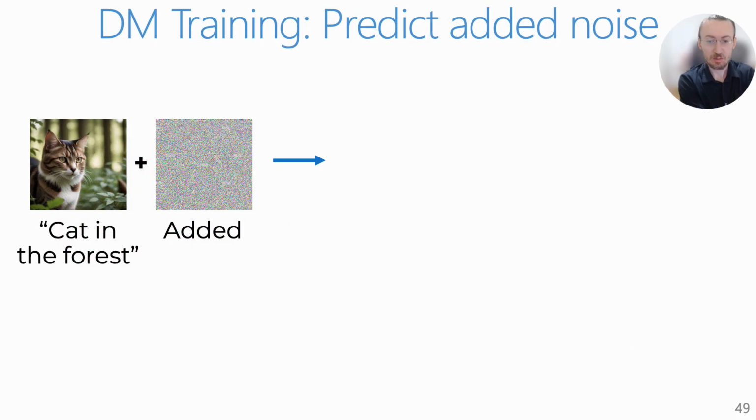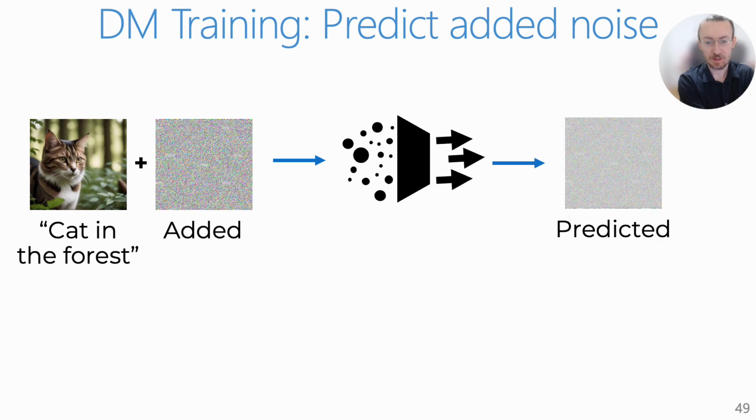Now, how do we train these diffusion models? It is based on the predicted added noise. We have here an image of a cat in the forest. We add some amount of noise to this image, and then we ask the diffusion model to predict what was the noise added to the given image.